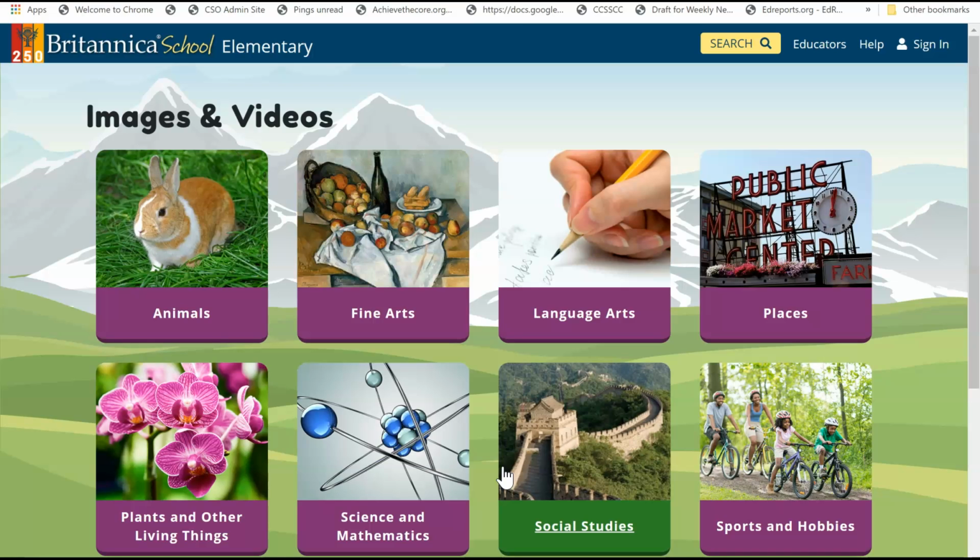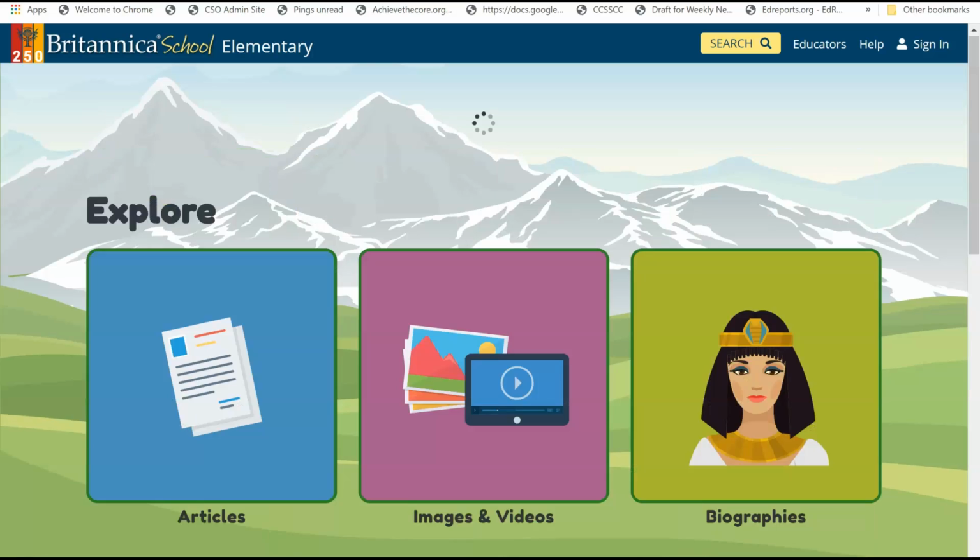The next one could be creating notes. That could be independent work. The next one could be a collaborative center where you're talking with your peers about what you read about on Britannica, and maybe creating through a Google Meet a Jamboard with your peers. And that could be your collaborative work to see if you all got the same main idea out of what you were reading about. So that is kind of how videos works.